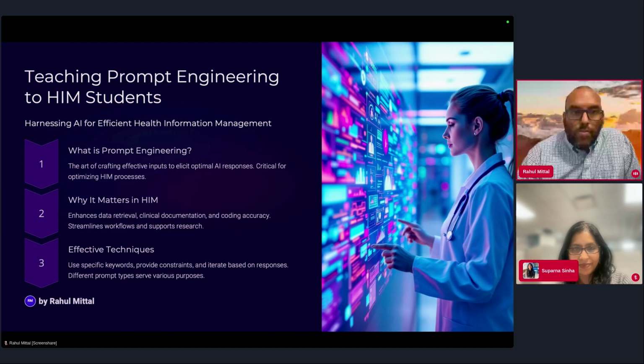Just to give a background, and I know everyone must have heard this throughout the day, there's an increasing adoption of AI in healthcare, which is transforming various aspects, especially in health information management, from automating documentation to coding to decision making and data retrieval. The use of large language models or Gen AI is becoming integral to HIM workflows.